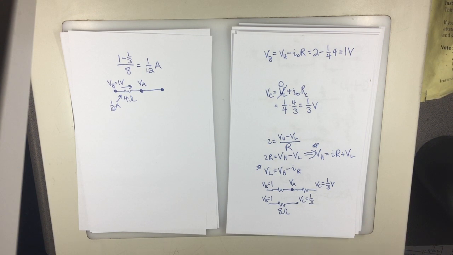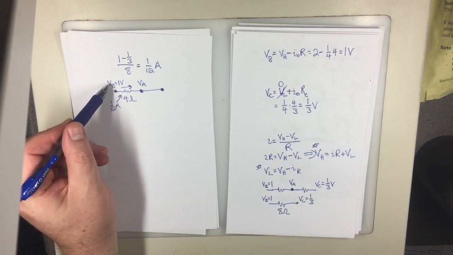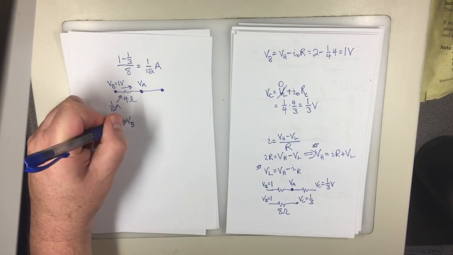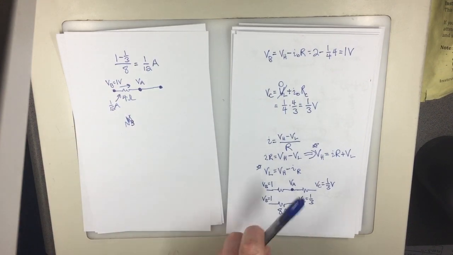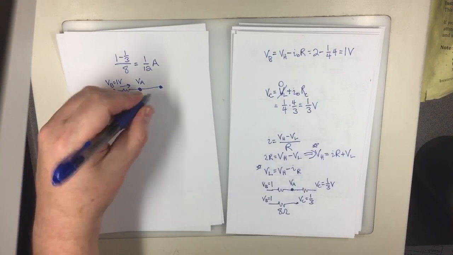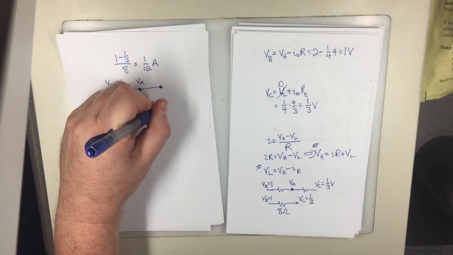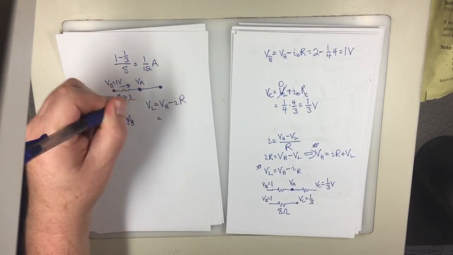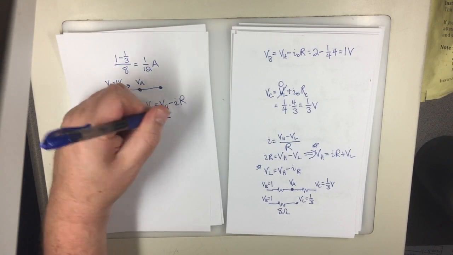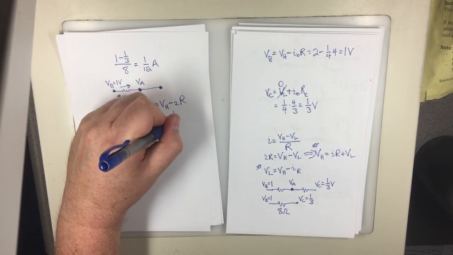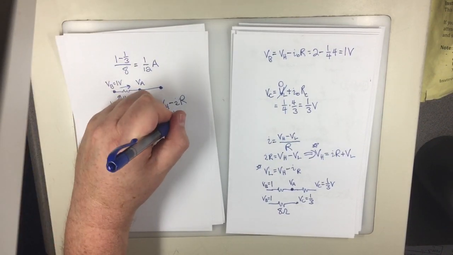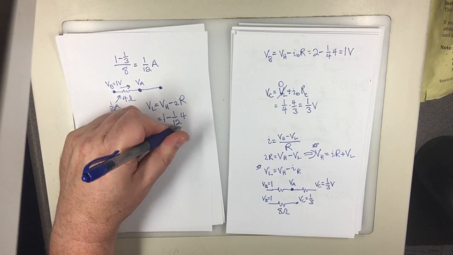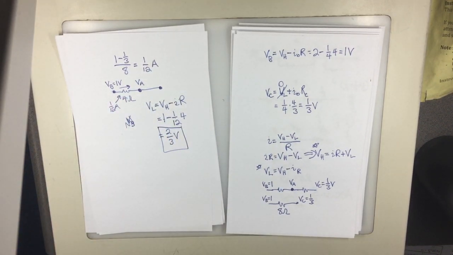So what I'm going to do is step down from VB to VA. I'm looking for V low, so I'm going to use that. So V low is V high minus IR. V high is 1 volt, I is 1/12, R is 4. 1 minus 1/3 or 2/3 volt. And that's how you get it.